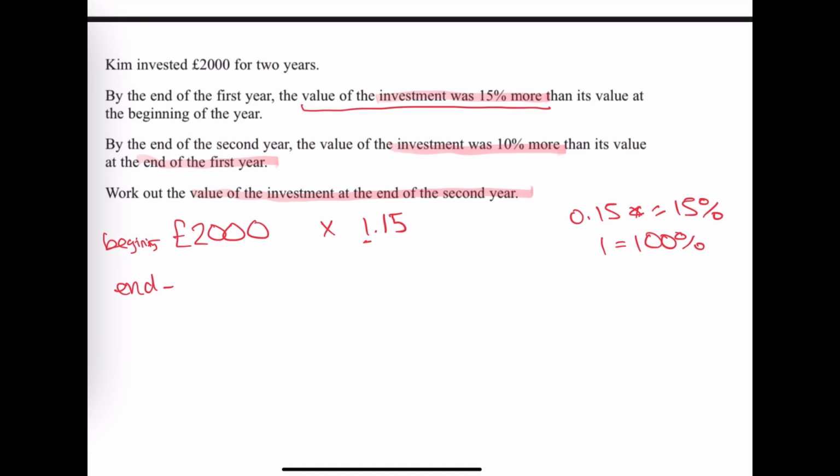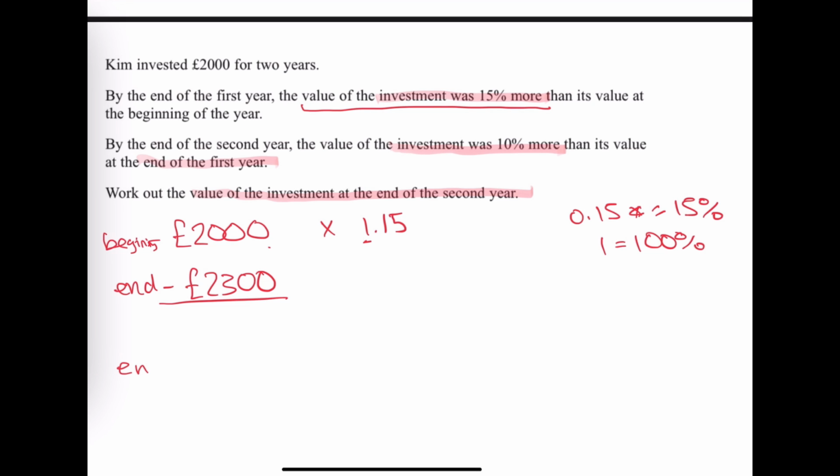So at the end, it's 2,300. You could also do this by finding 15% and just adding it. It's whatever just works for you. So we know that this is the end.